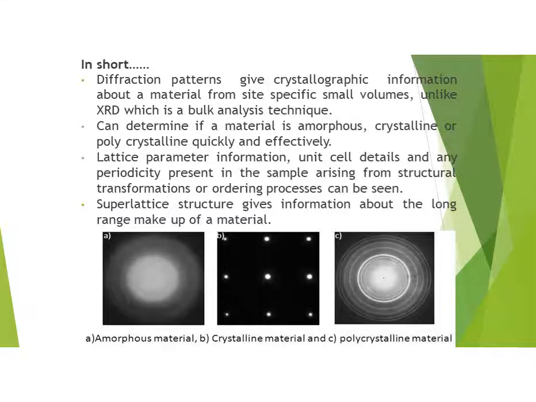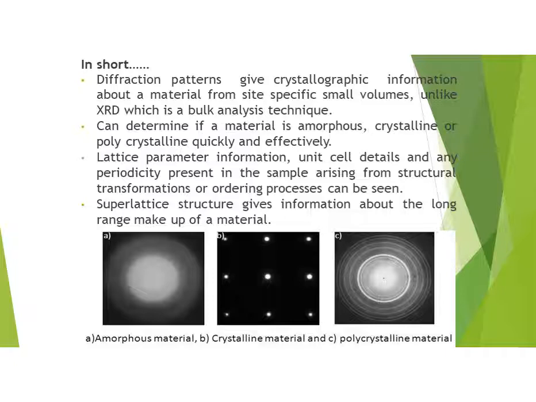Let us sum up the whole discussion about the patterns. Diffraction patterns give crystallographic information about a material from site-specific small volumes, unlike XRD, which is a bulk analysis technique. We can determine if a material is amorphous, crystalline, or polycrystalline quickly and effectively by using these electron diffraction patterns.